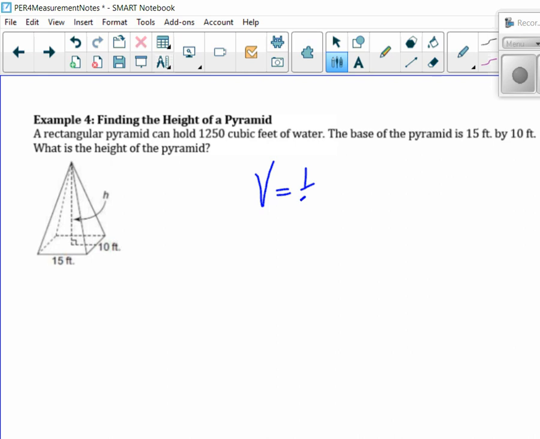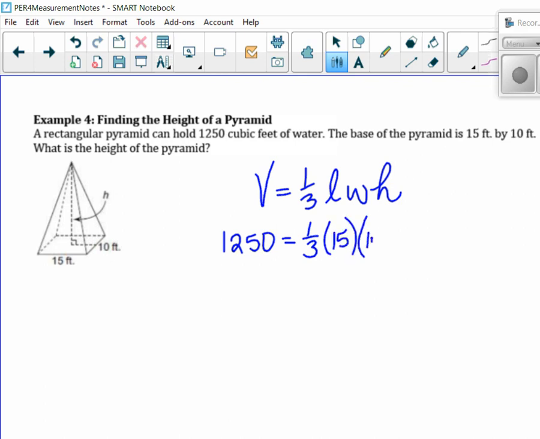It's 1/3 the base area, which you could say is length times width, times the height, right? Yes? So they're saying that the volume is 1,250. I know the length is 15, and I know the width is 10, but I don't know the height. Do you see, everybody? I'm trying to solve for the height.